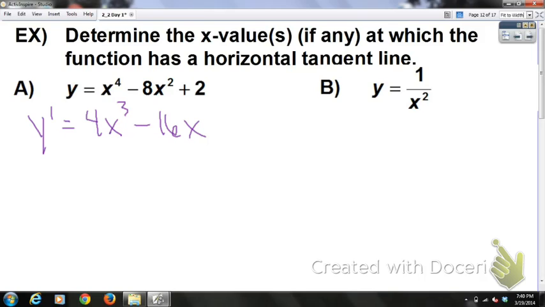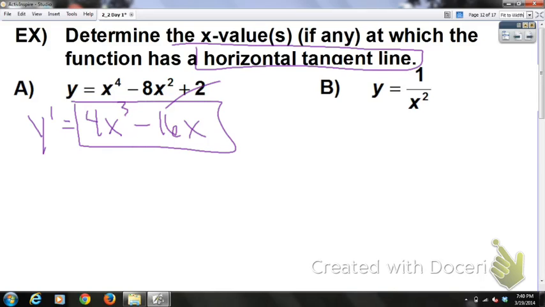And then the derivative of 2 is simply 0, so it doesn't matter. Now, to find where I have a horizontal tangent line, where that x value is at the horizontal tangent line, I need to set my derivative equal to 0. So 4x cubed minus 16x equals 0.